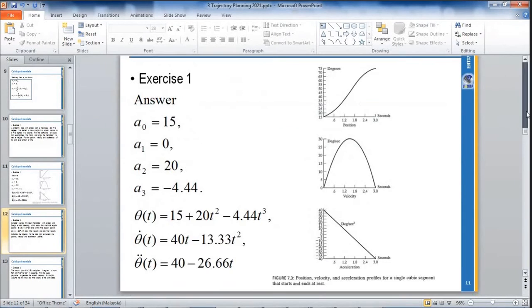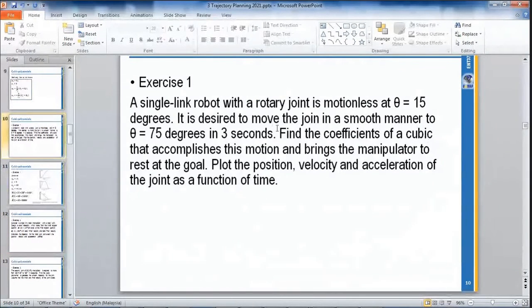The question says to move the joint in a smooth manner to 75 degrees from 15. They use the word motionless.